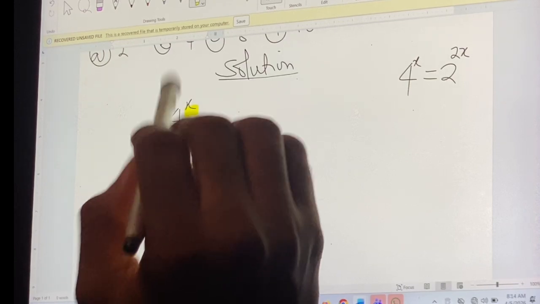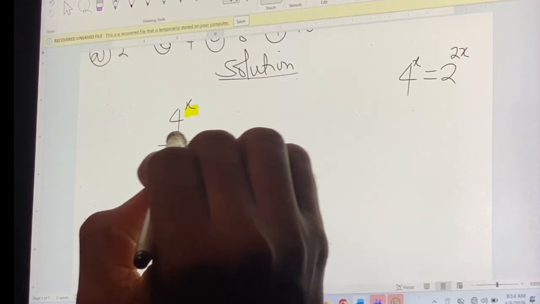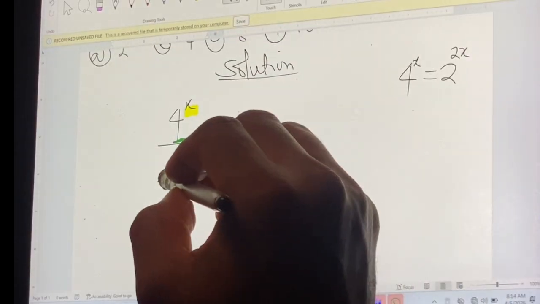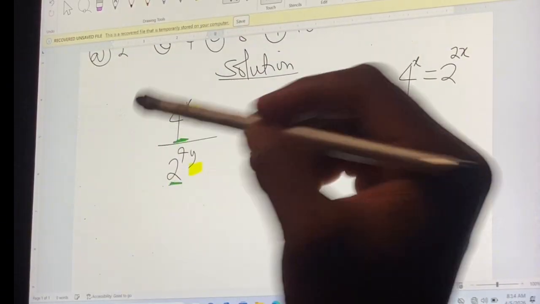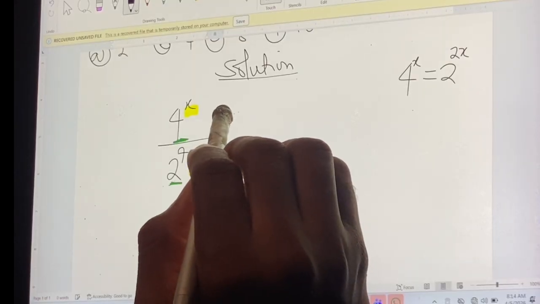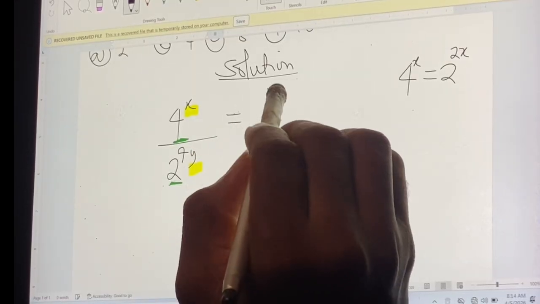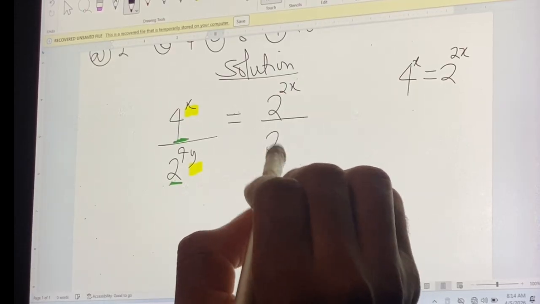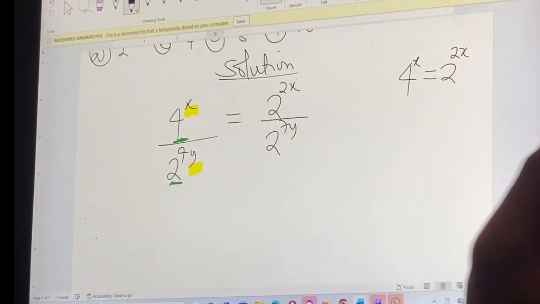Why are we expressing 4 in the base of 2? Because this denominator is expressed in the base of 2. Please take note. So expressing this in the base of 2, this will be equal to 2 raised to the power of 2s over 2 raised to the power of 7y.